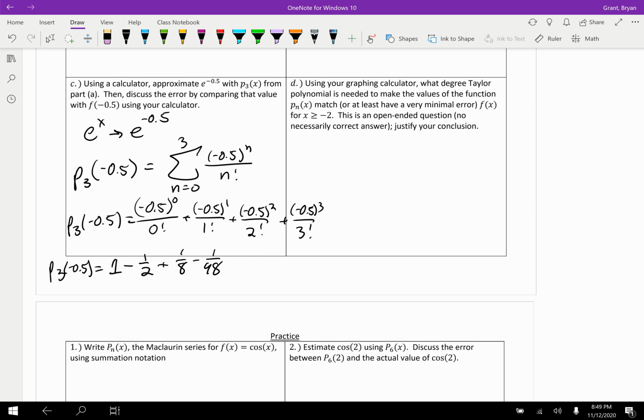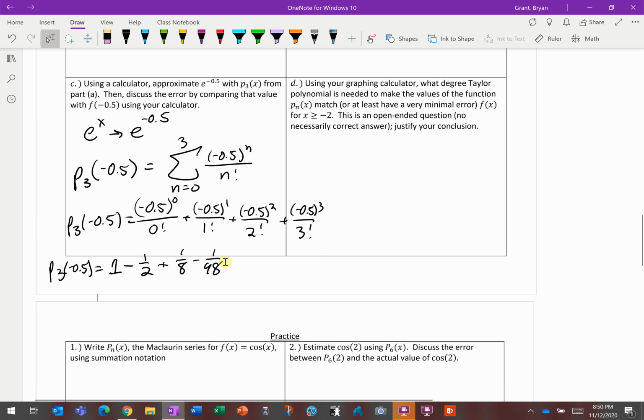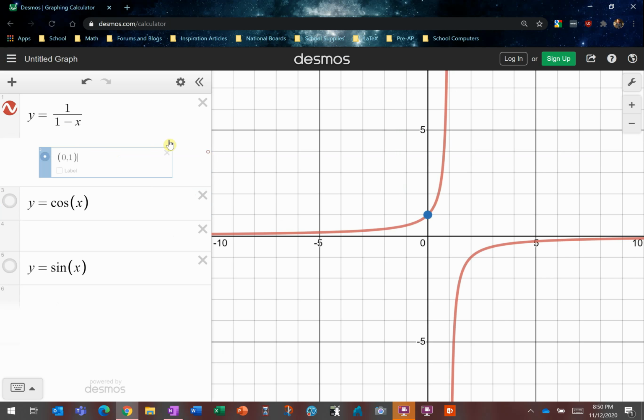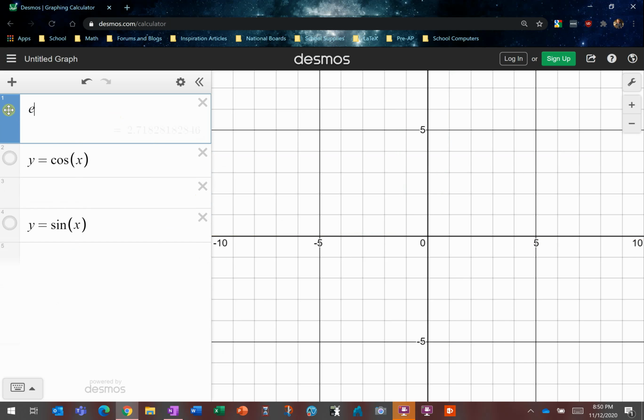And we could add all that together, but I'm going to go ahead and pull up the graphing calculator right now anyways. I'm going to use Desmos. You should use your graphing calculator. The better you get with your graphing calculator, the more successful you'll be. And we're going to go ahead and see how we did. So pulling up Desmos quickly. Let's start with our actual expression here. 1 minus 1/2, right?